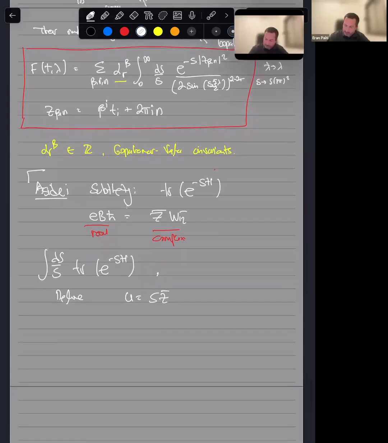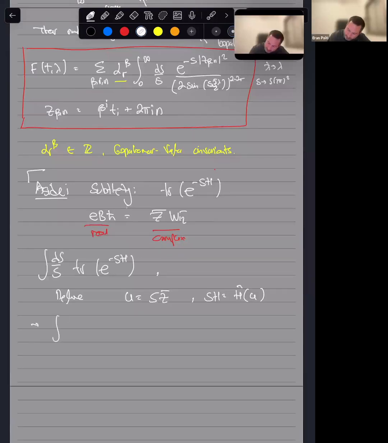We absorb S into the Hamiltonian and write it as a function of U. So this becomes an integral dU over U, in a complex parameter, trace e to the minus S, S now, H tilde of U.